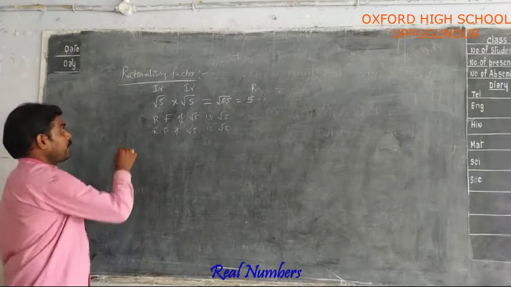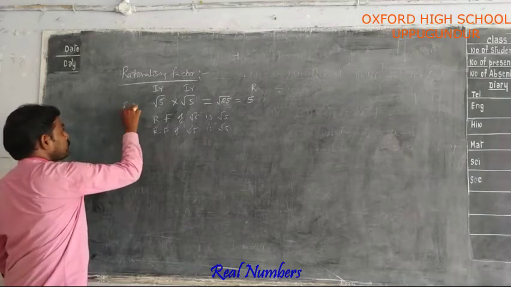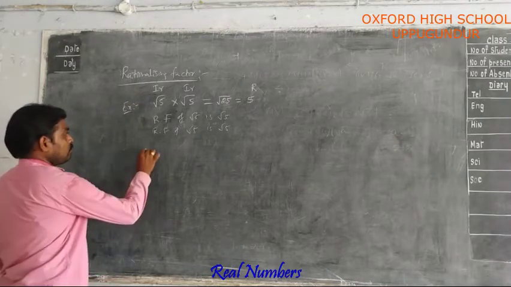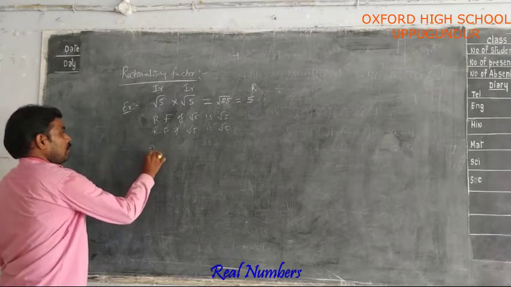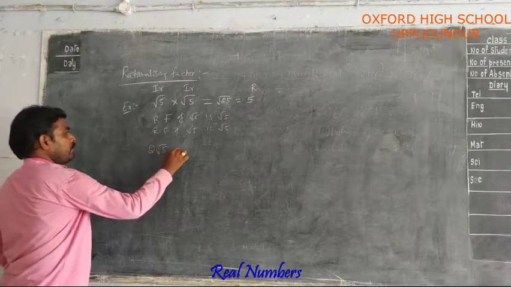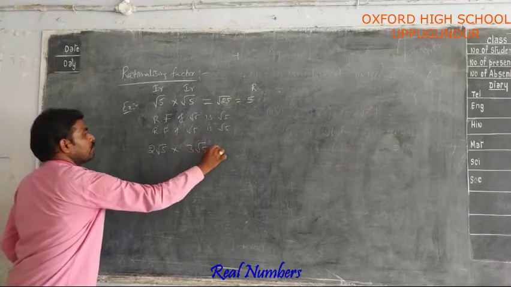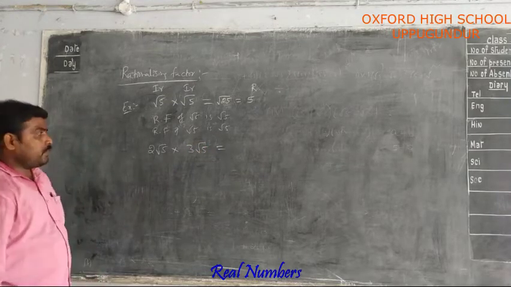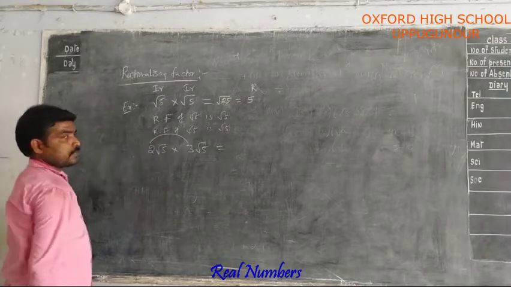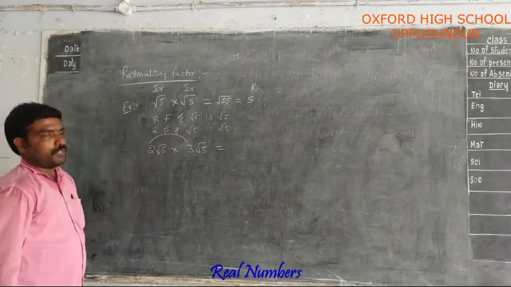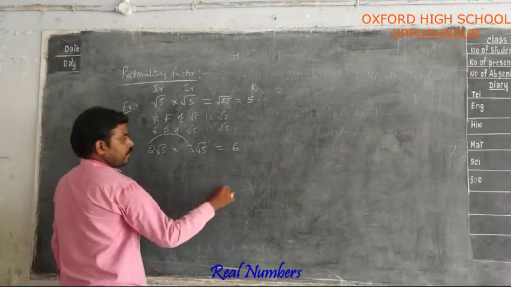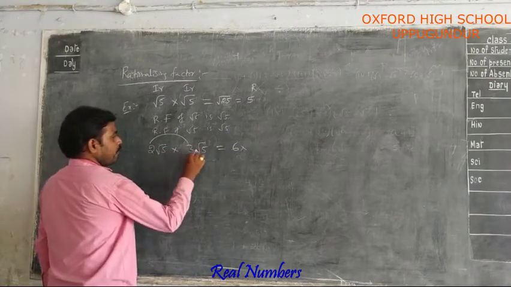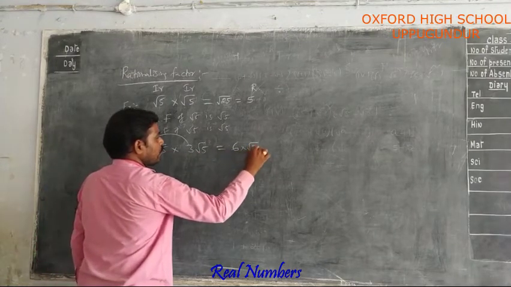Suppose we take another example: 2 root 5 into 3 root 5. Multiplying these, 2 into 3 is 6, into root 5 into root 5, root 25.